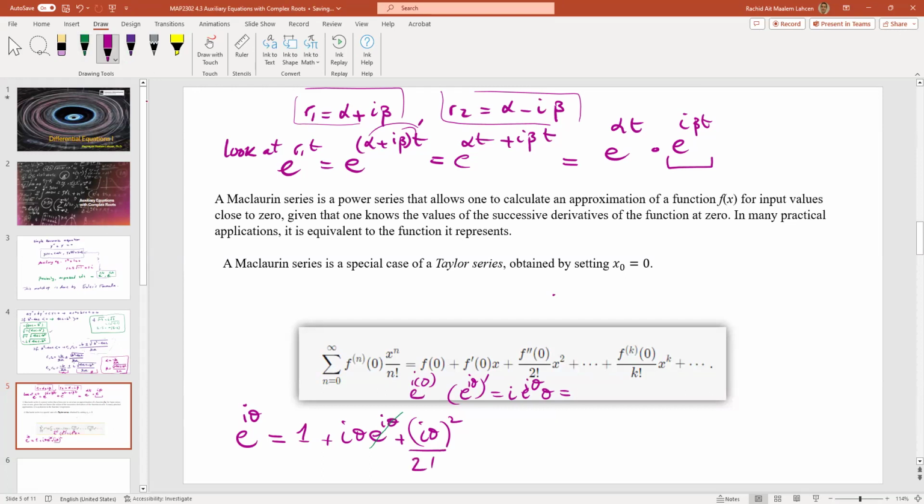Then over 2 factorial. Then you just keep going until we get to the kth derivative, or towards the end, whichever you want, so you can see the pattern. If you get to some k, you're just going to have this, right?